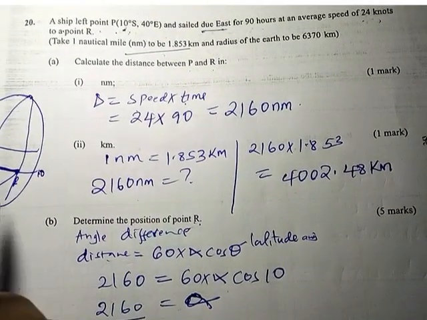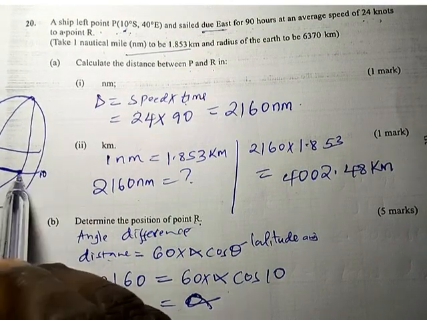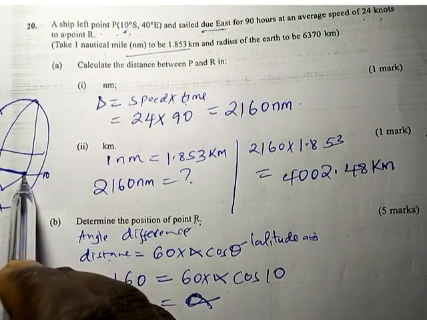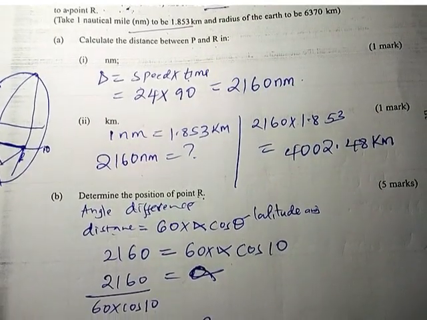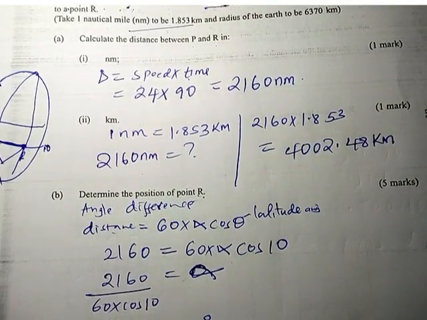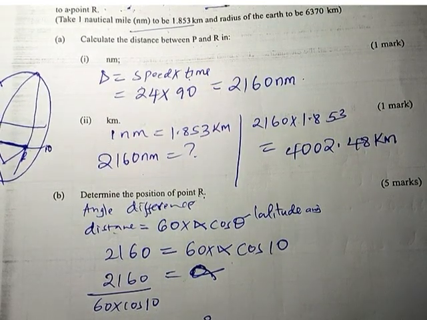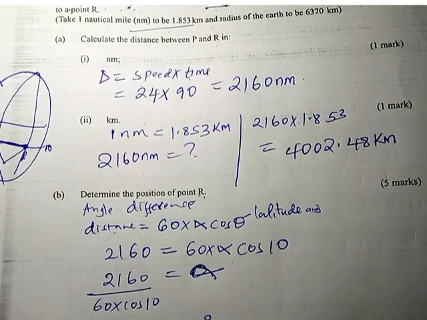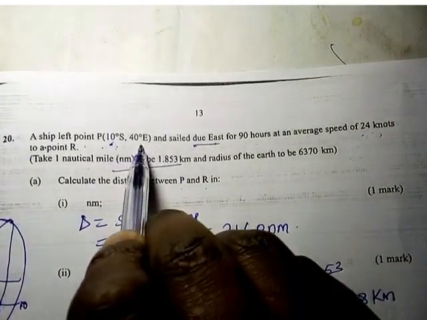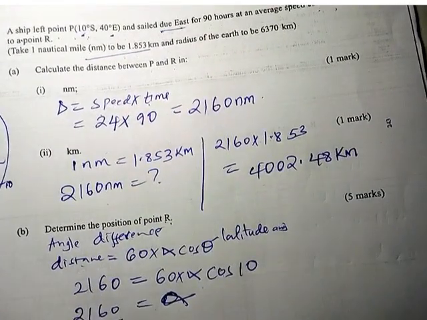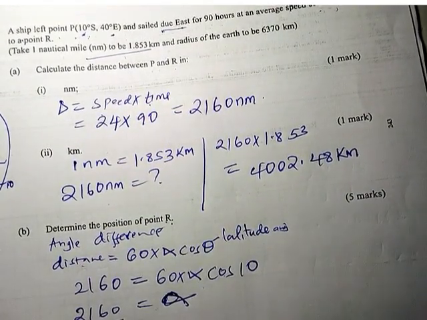Now we are moving from P to the east, so they were on the same side. To get the longitude of R, it is 36.56 plus 40, which is equal to 76.56 degrees.